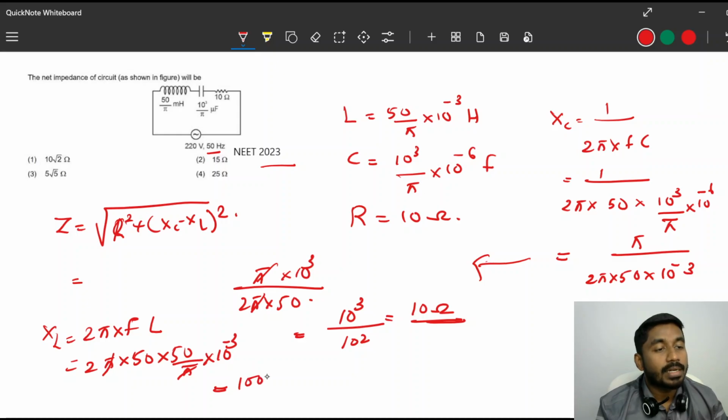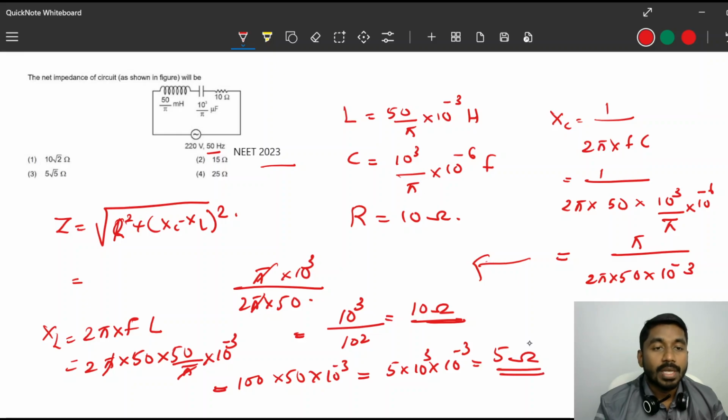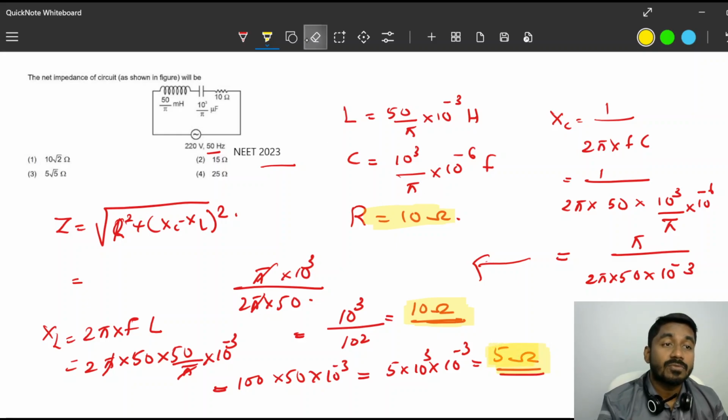So 100 into 50 into 10 raised to minus 3 you will get. And that is 5 into 10 raised to 3 into 10 raised to minus 3, so you get the answer 5 ohm. So the resistance is 10 ohm, capacitive reactance is 10 ohm, and inductive reactance is 5 ohm.